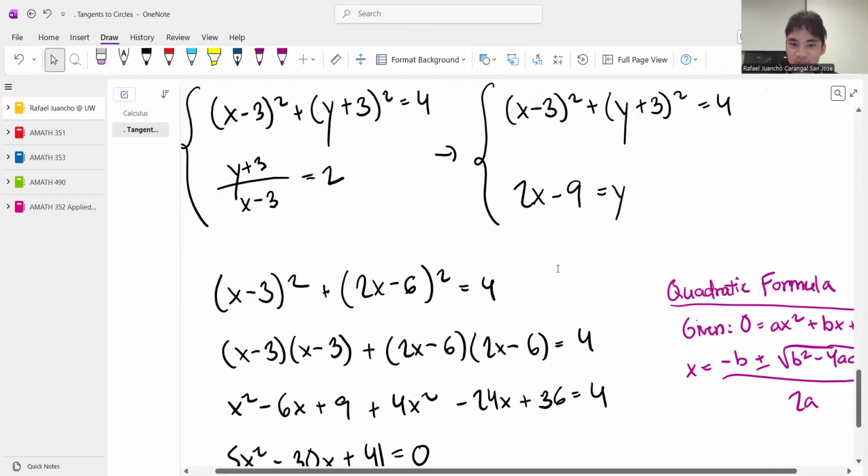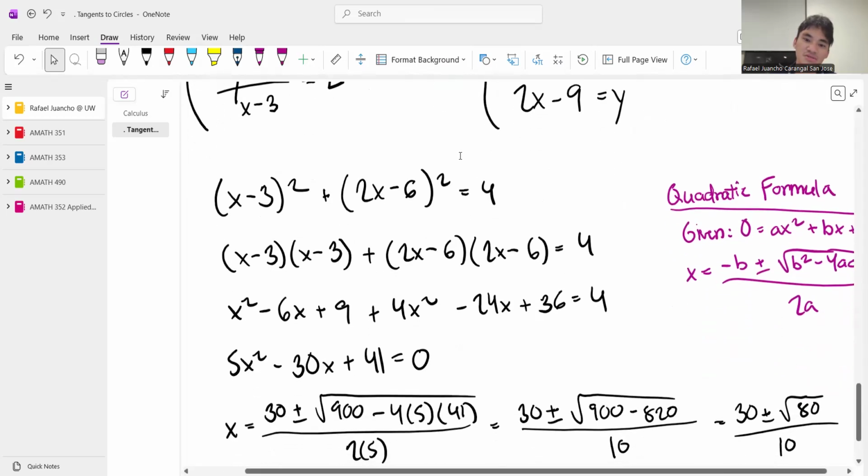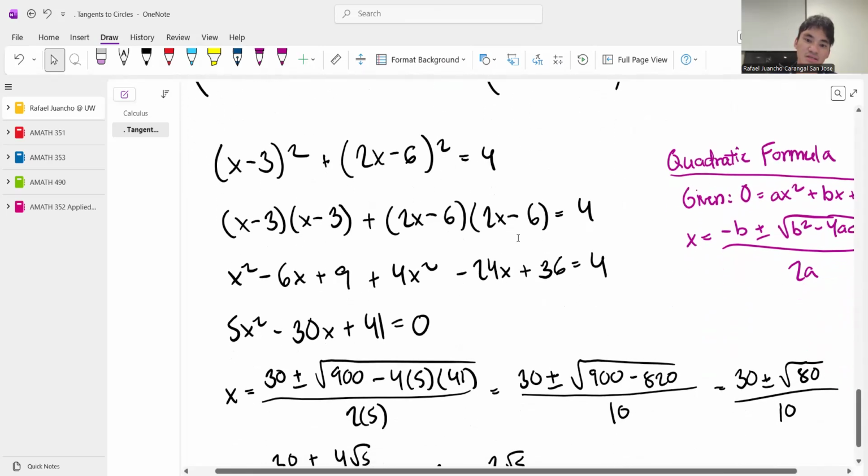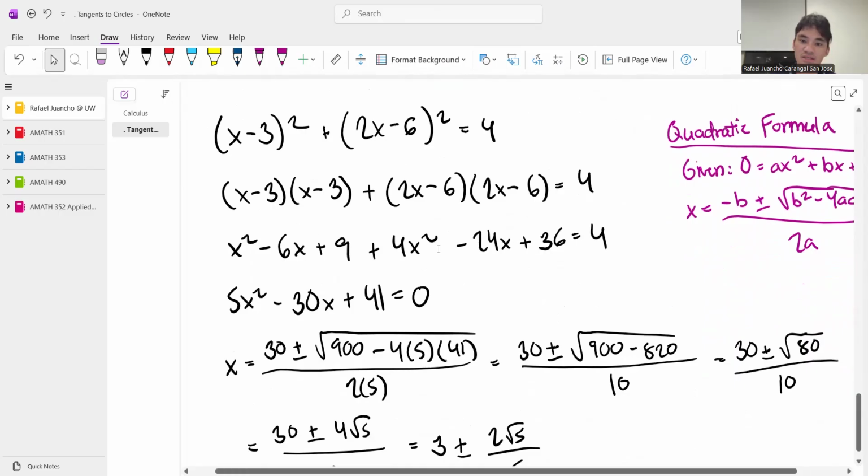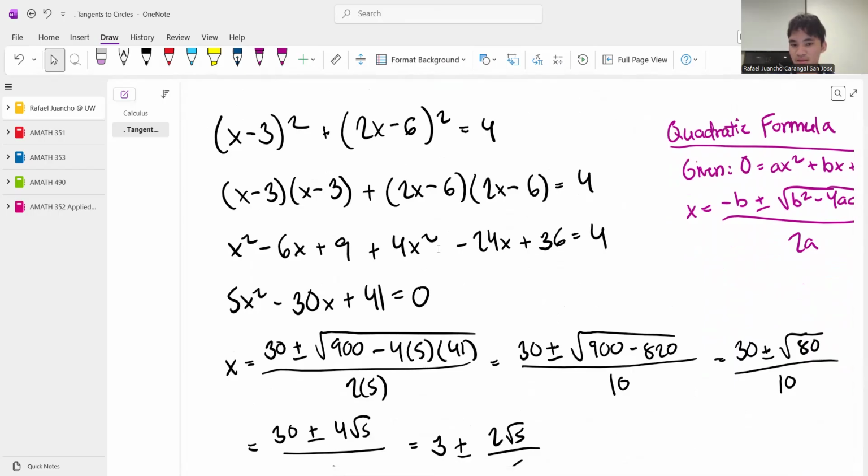X minus 3 squared plus 2x minus 6. 2x minus 9 plus 3. Yeah, that's 2x minus 6. Square that. I get something like this. And then what else do I do?